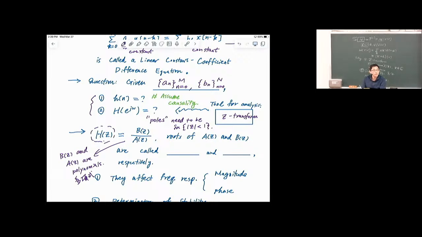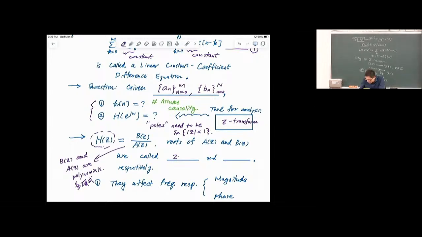They're called zeros and poles, respectively. I'm sorry, A should be poles. The roots of A of z, because it shows up at the bottom as the denominator, are called the poles. Poles and zeros, respectively. Okay, let's make that correction: poles and zeros.